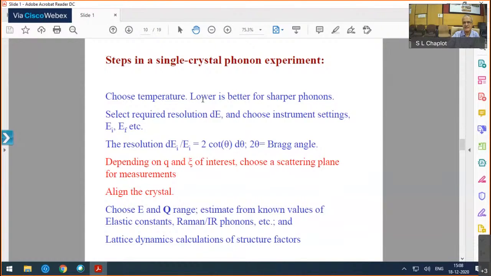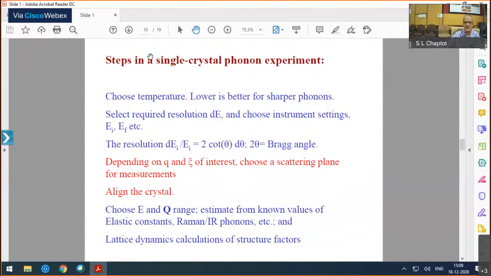Why is a low temperature better? For one simple reason: the concept of phonon itself is more appropriate at lower temperature, because the atomic displacements will be small, and so the phonons are more likely to be harmonic phonons with very large lifetime and correspondingly very sharp in energy.